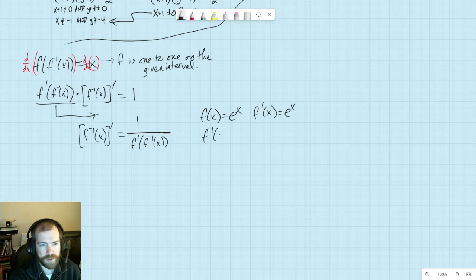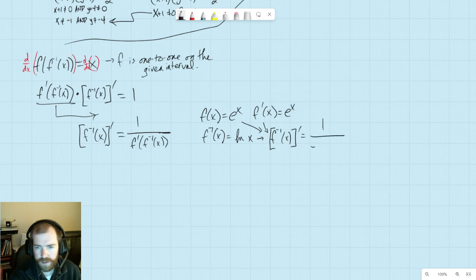F inverse of x is equal to the natural log of x, and then this means that the derivative of f inverse of x is equal to 1 over f prime, which is going to be e to the x, but it's e to the f inverse, which is natural log of x.